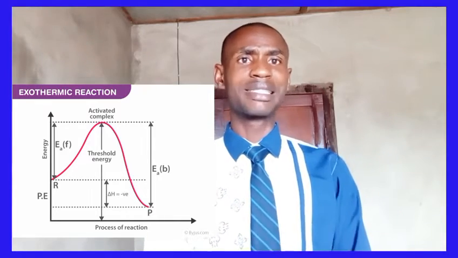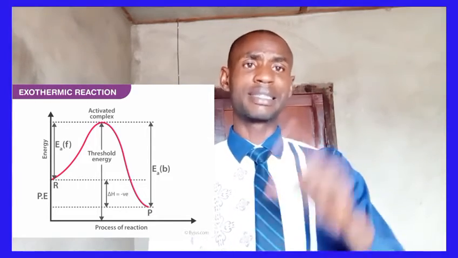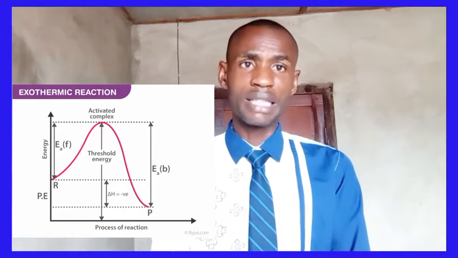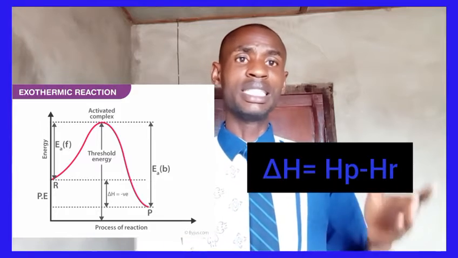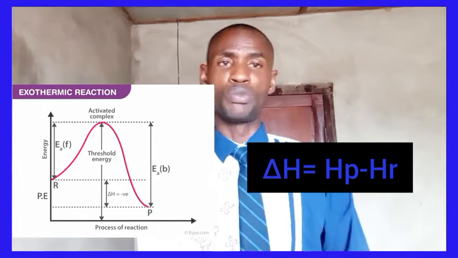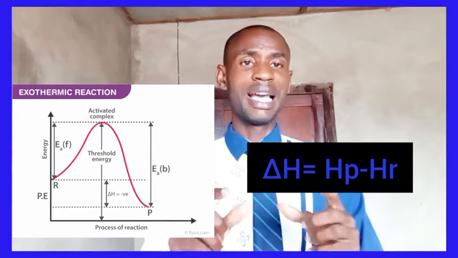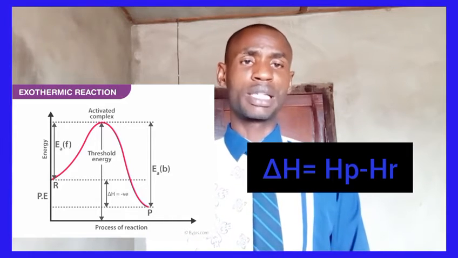So the reactant is always greater than the product, and when you want to get the enthalpy change, you subtract the heat of the reactant from the heat of the product, and that gives you a negative value. Because of that, the enthalpy change for an exothermic reaction is negative. I hope you got that.